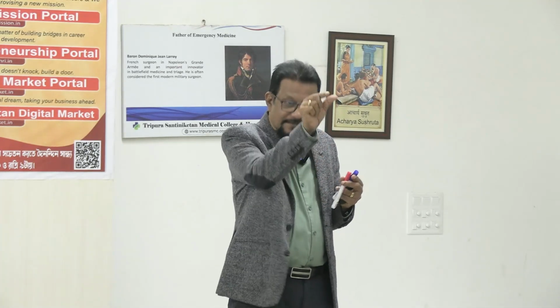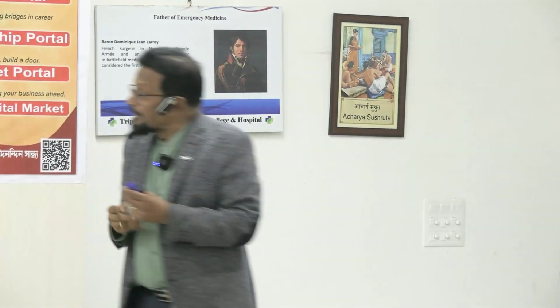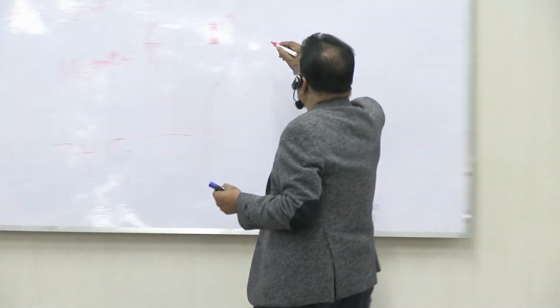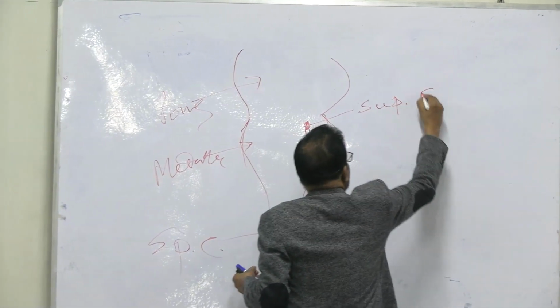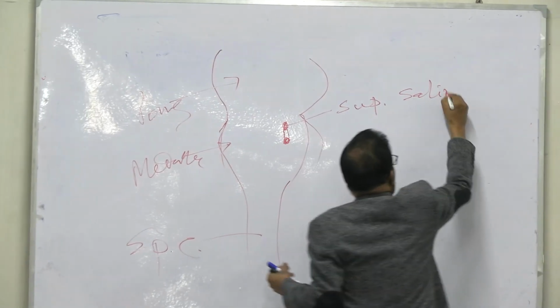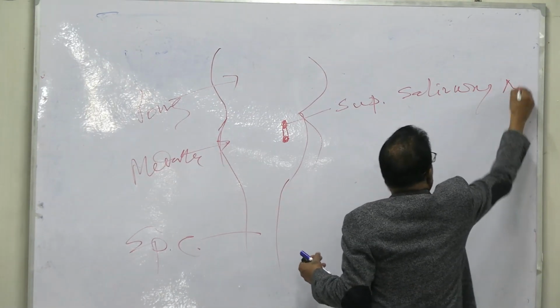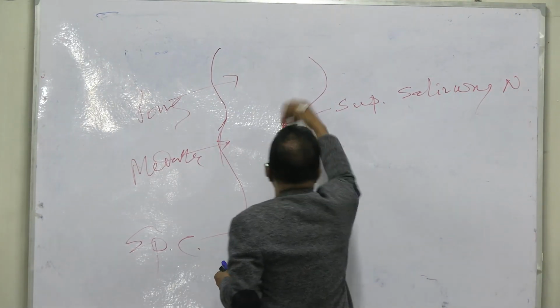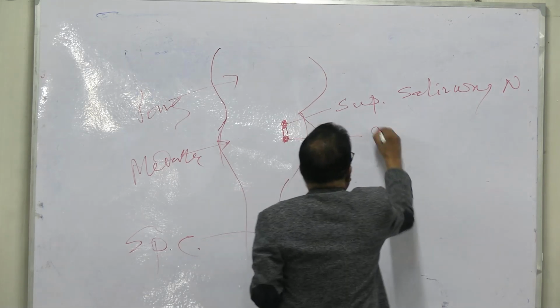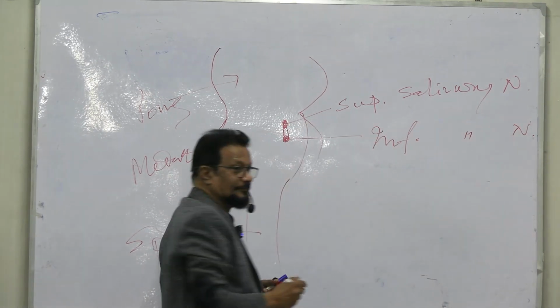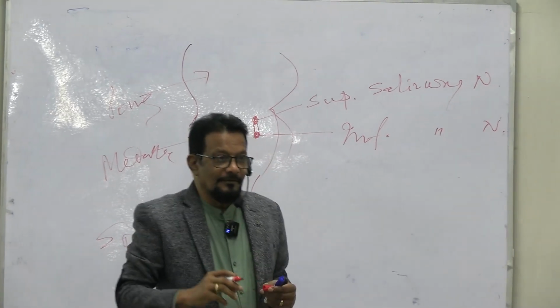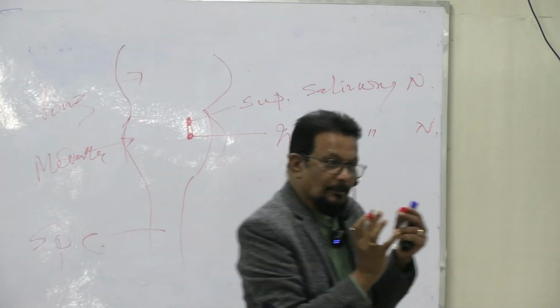From these cell bodies, axons will be coming. So here is the superior salivary nucleus, and since this one is below, it will be the inferior salivary nucleus. So they are cell bodies.